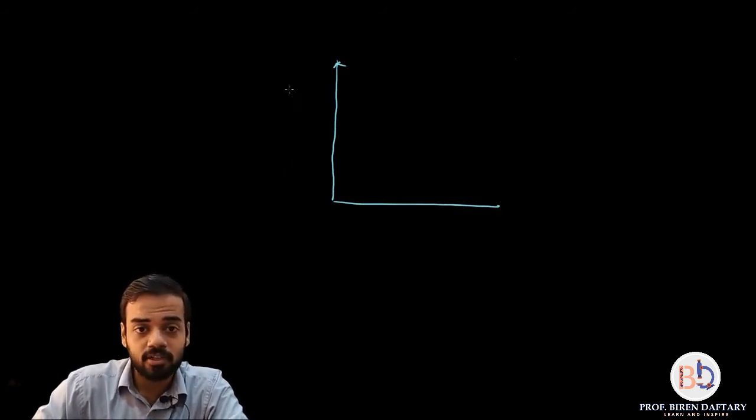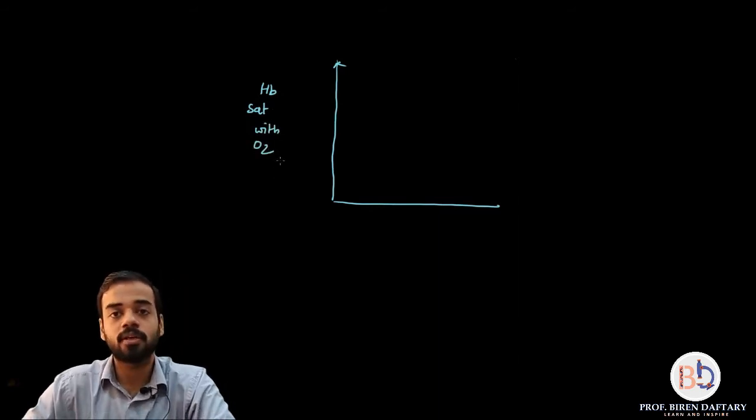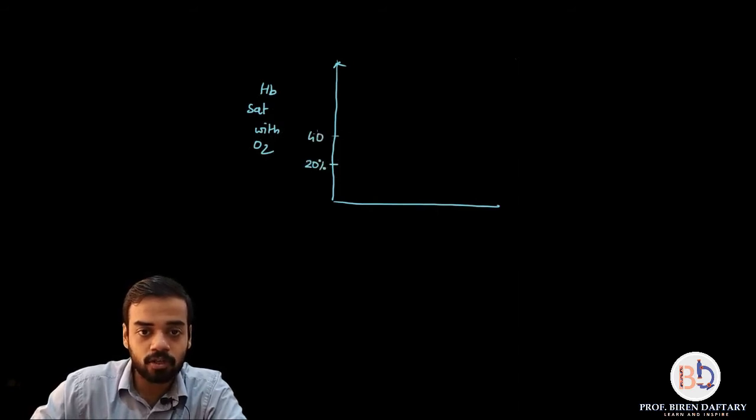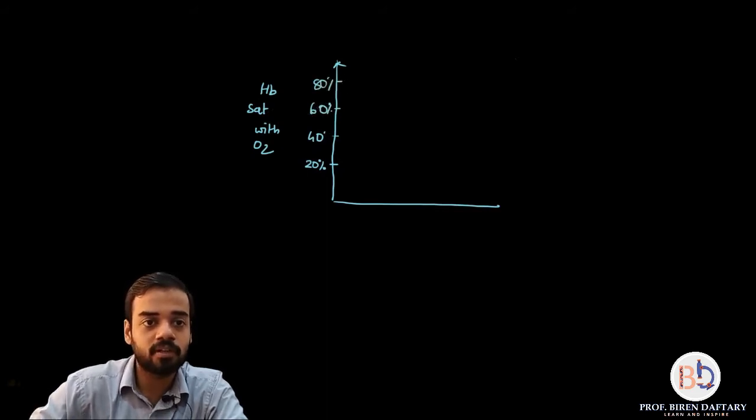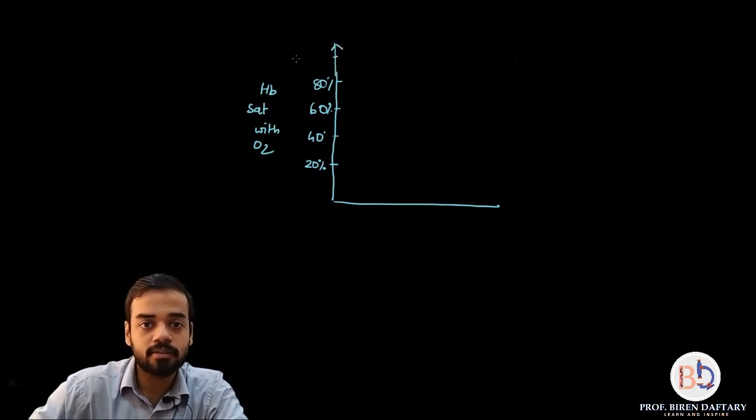So I am writing over here hemoglobin saturation with oxygen, and that will be in the percentage form. So I am going to write over here, this is 20%, this is 40%, this is 60%, this is 80%. And I will need to extend my y-axis up till, let's say, here. Okay, and this is 100%.